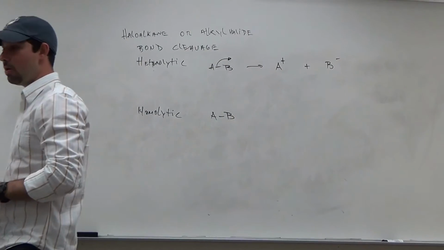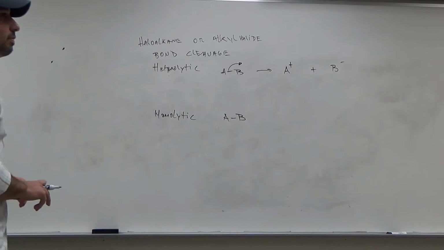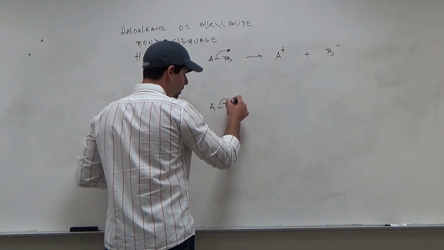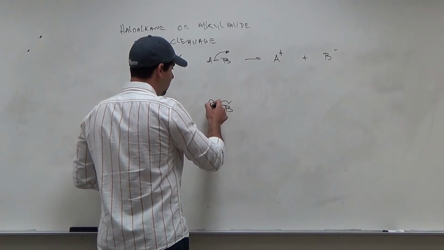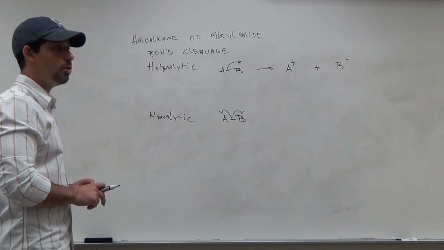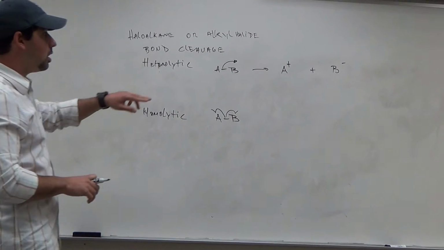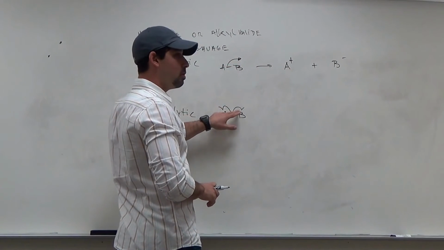That is heterolytic. Homolytic bond cleavage, it's like this. This one here goes to that element, and the other one goes to the other element. Those arrows are different. These are double-headed arrows, and these are single-headed.